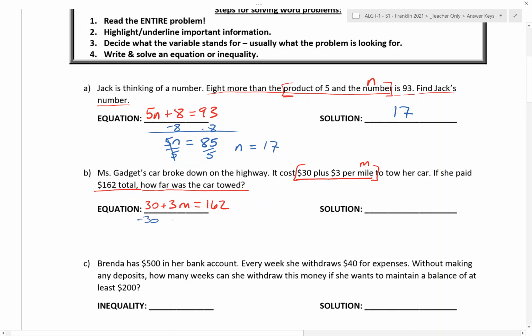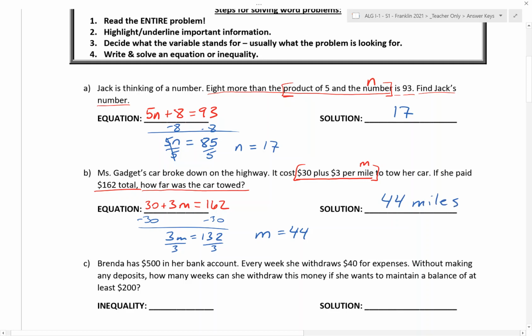Let's subtract 30. So we get 3m equals 132. We're going to divide all that by 3. And that's going to equal 44. So our solution here is 44 miles.